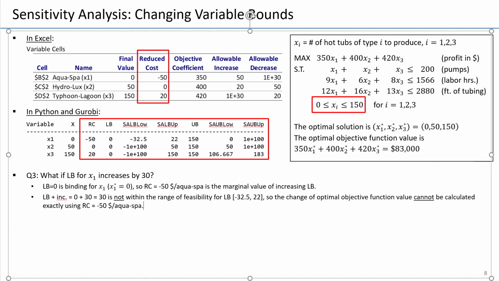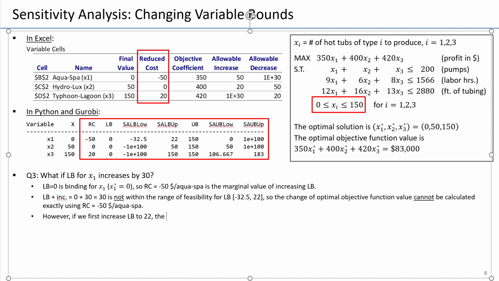However, what we can say is that if we first increase the lower bound to 22, just to 22, the upper limit of the range of feasibility, then the reduced cost should work.